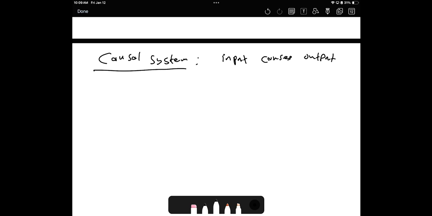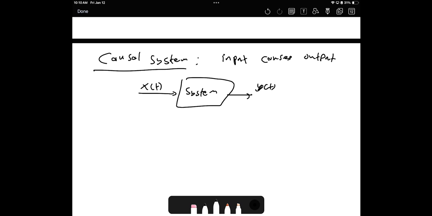For any system that we have, by definition, we have inputs, x of t, then we will have outputs, y of t. So for any causal system, the input must cause the output. To be considered causal, in other words, the output depends on the present or past inputs.